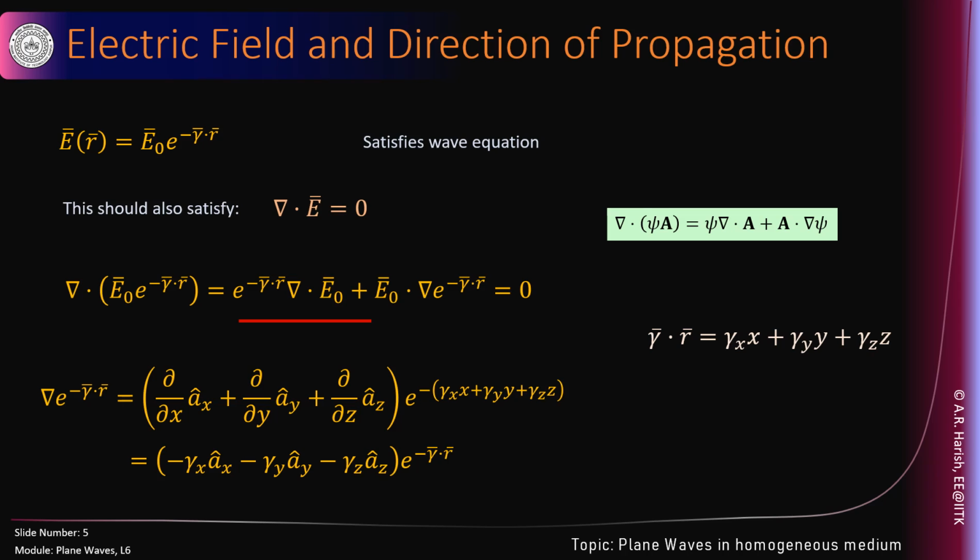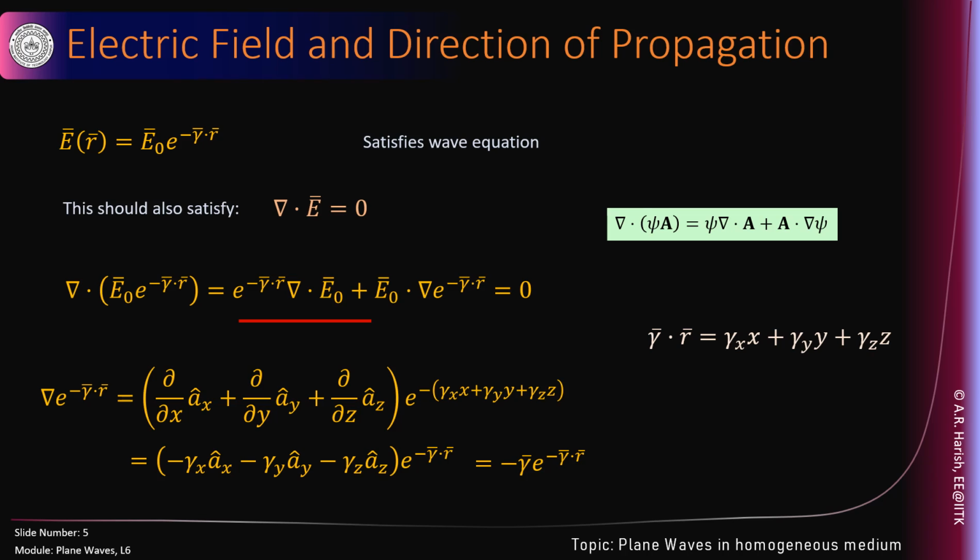Therefore, this quantity in the bracket is nothing but gamma bar with a negative sign. Therefore, we have the gradient of e to the power of minus gamma dot r is minus gamma bar times e to the power of minus gamma dot r. Very nice result. Please remember this result.